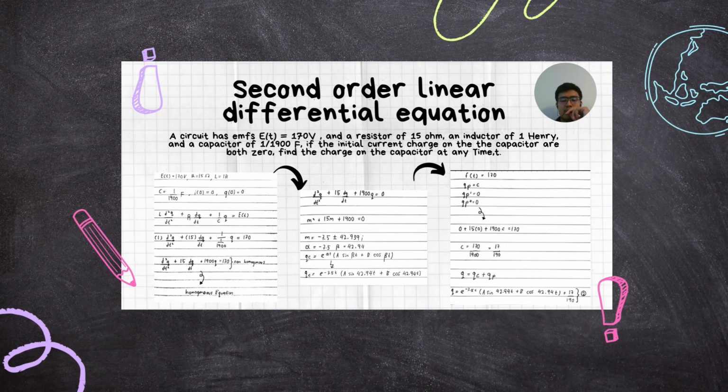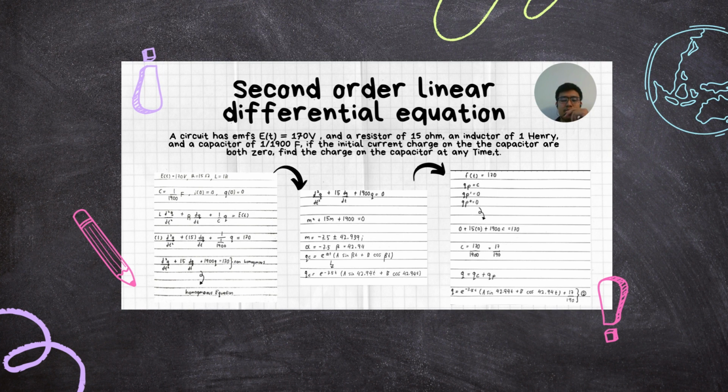Assalamualaikum warahmatullahi wabarakatuh. So the next problem is a second order linear differential equation. The question is, a circuit has EMF E(t) equal to 170 volt, a resistor of 15 ohm, an inductor of 1 Henry, and a capacitor of 1 over 1900 F. If the initial current and charge on the capacitor are both zero, find the charge on the capacitor at any time t.